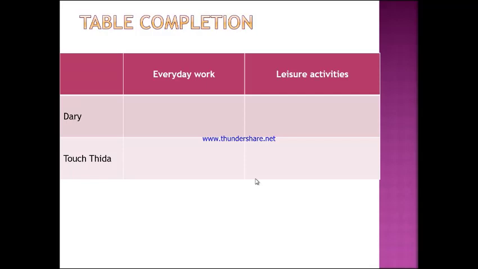The third column is leisure activities. The second row is the name of Dari, and the last row is Tujtida. Alright, so please read the text again and put the activities into the right box.